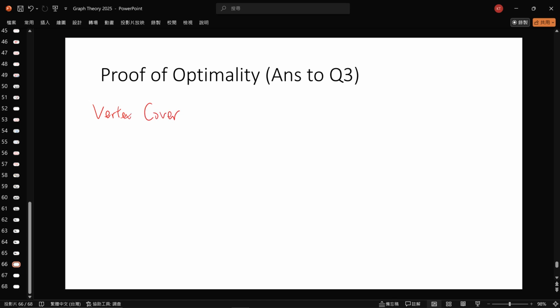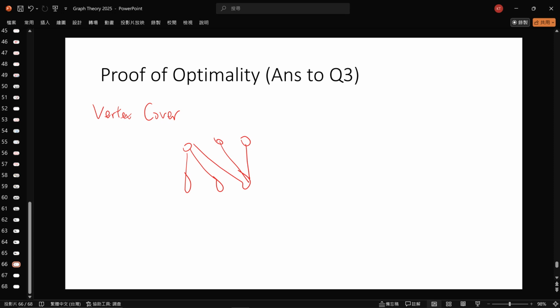Okay. So next we're going to consider a totally different problem. Okay. So perhaps you're going to feel that why do you even bring this problem? Okay. So the vertex cover problem is the following. Again, the input is a graph, okay?